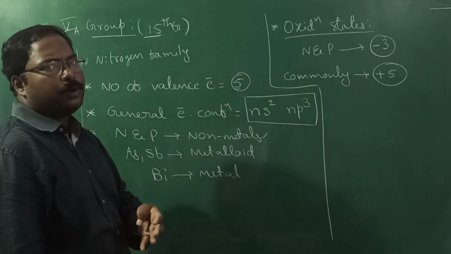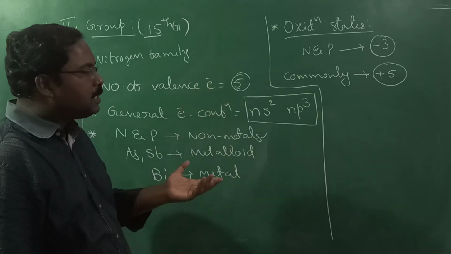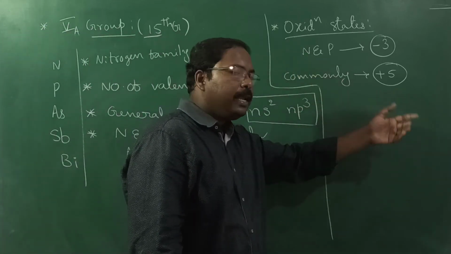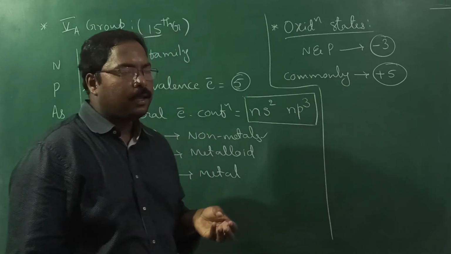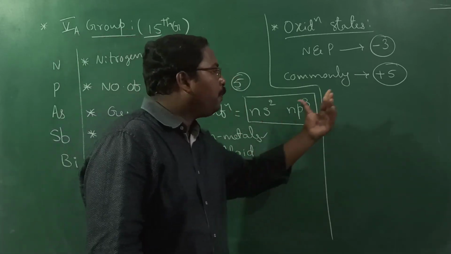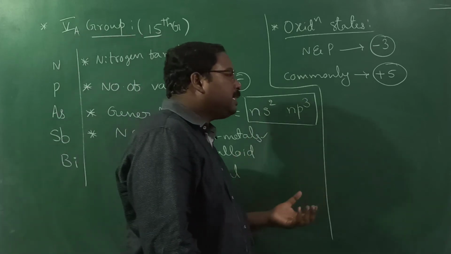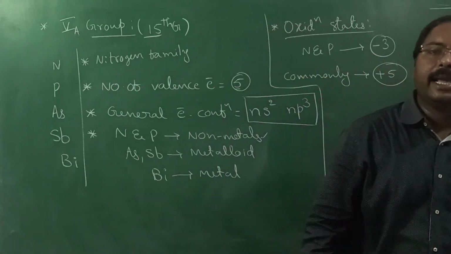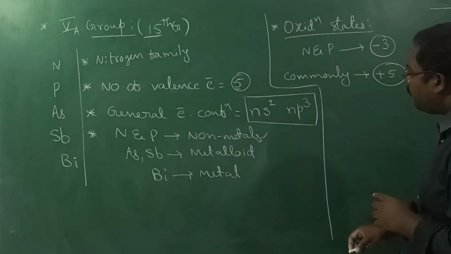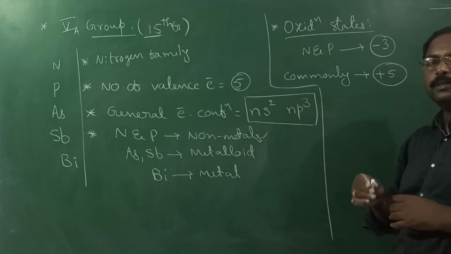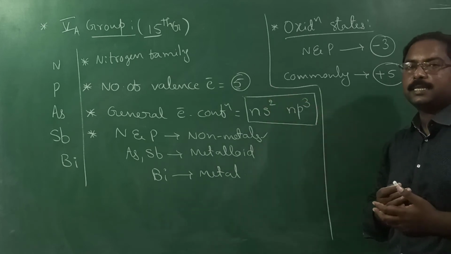4A group, +4. Second A, +2. In the same way, in the 5th A group, including nitrogen and phosphorus, every element of this group can exhibit +5. Even they exhibit different oxidation states like +3, +2, +1 also. Nitrogen exhibits different oxidation states.